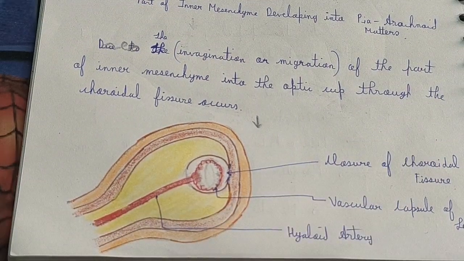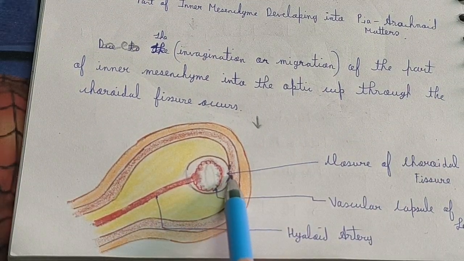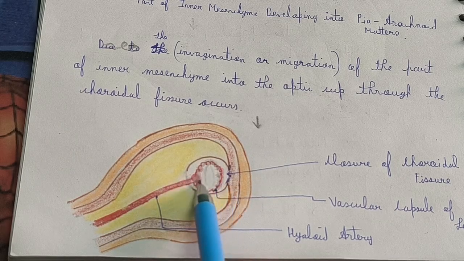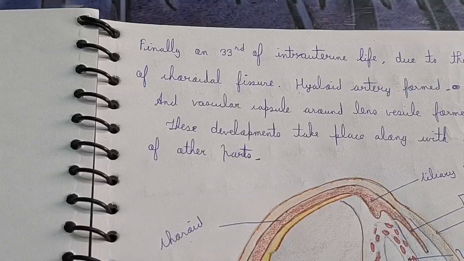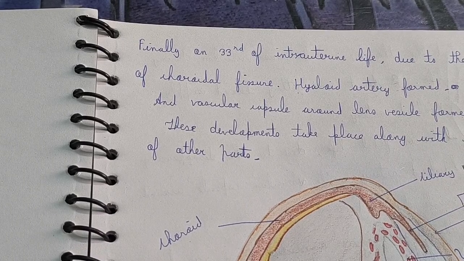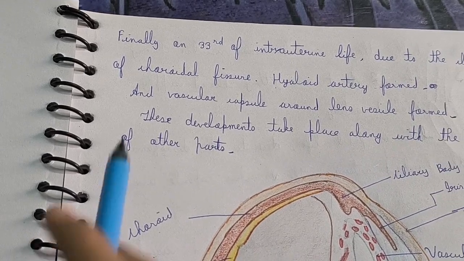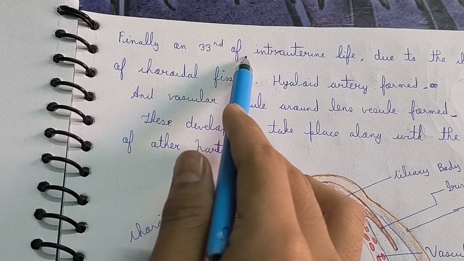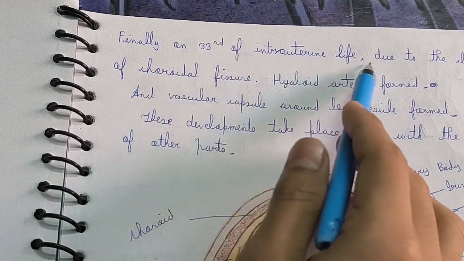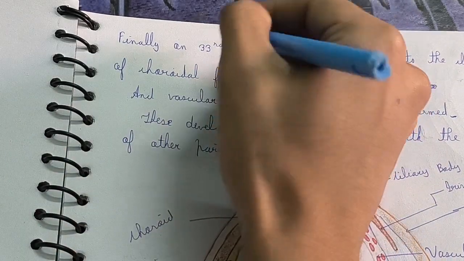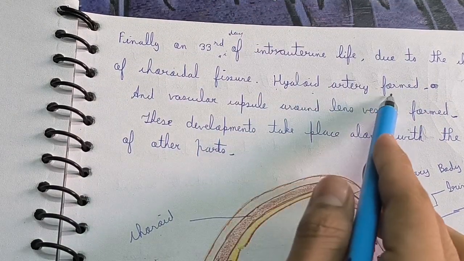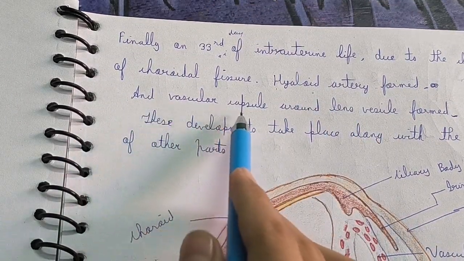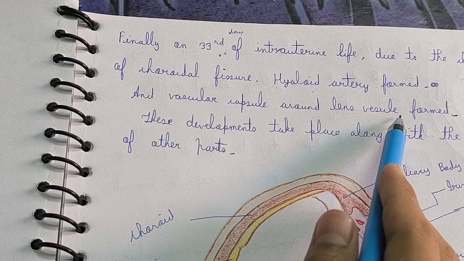So after closure of the choroidal fissure, a vascular capsule and hyaloid artery develop, and this is done on the 33rd day of intrauterine life. I have written that finally on the 33rd day of intrauterine life, due to closure of the choroidal fissure, the hyaloid artery forms and also the vascular capsule around the lens vesicle forms.